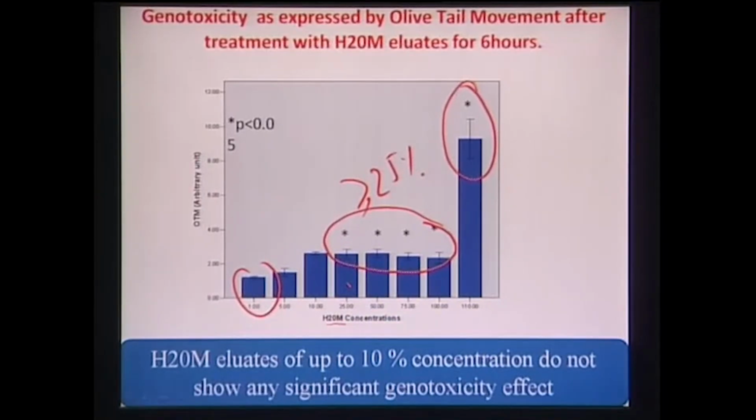However, from 25% or more, the OTM values are much less compared to the positive control. If you look at the 5% and 10%, there also the olive tail moment was measured, however, they are not that significant compared to the negative control.